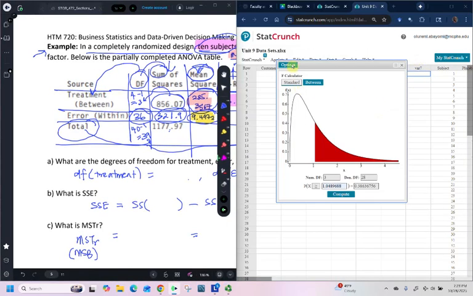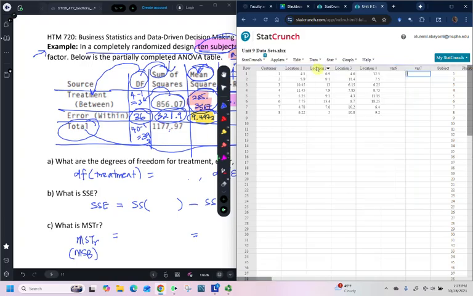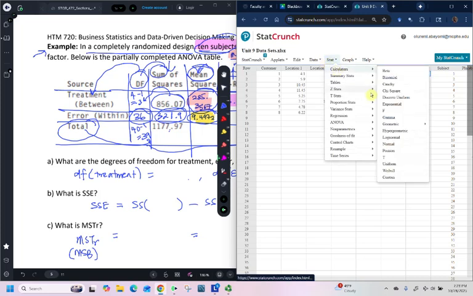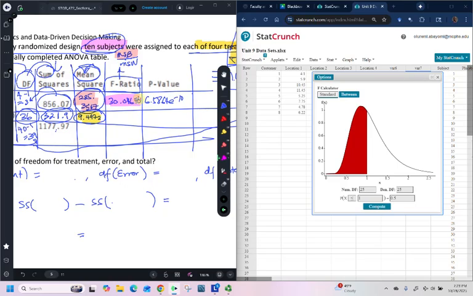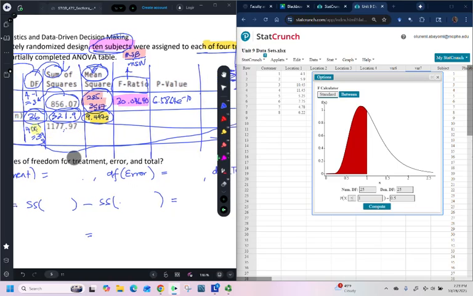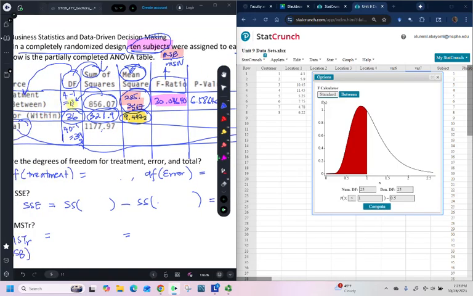And I'm going to edit this. All right, let's close out of that then. Let's go to calculators, F distribution. And what I want is the degree of freedom for the numerator, 3, and the degree of freedom for the denominator, 36.